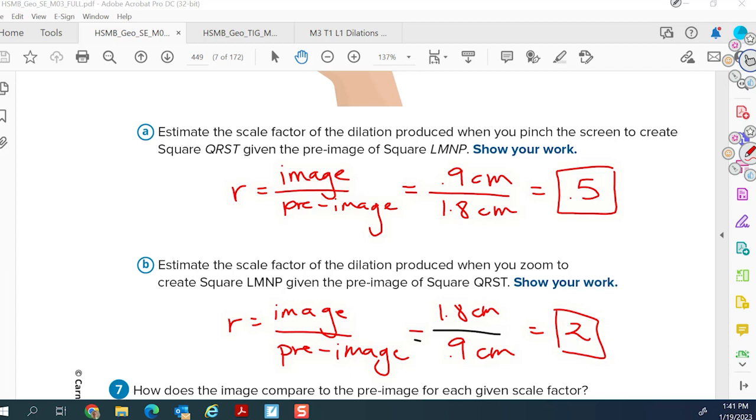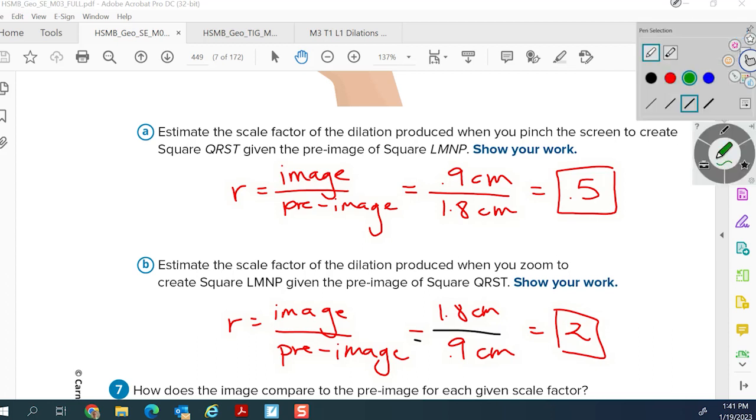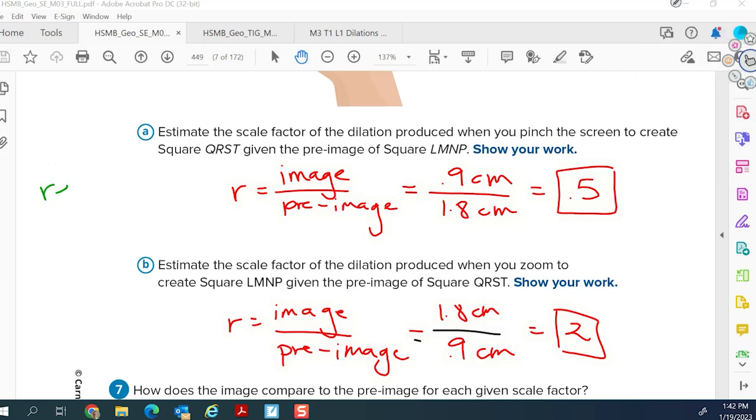Now let me point out that in A, we got smaller, which is called a reduction. And in B, it got bigger, which was an enlargement. So let's just keep that in mind. If you need to pause the video to just write things down, that's fine.